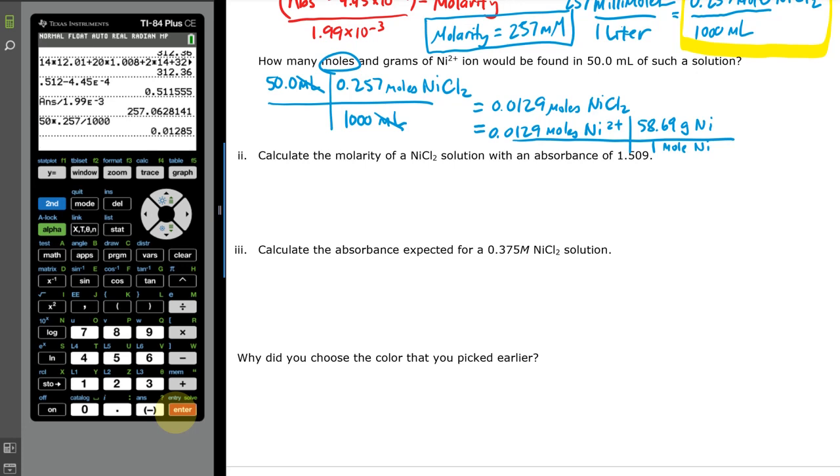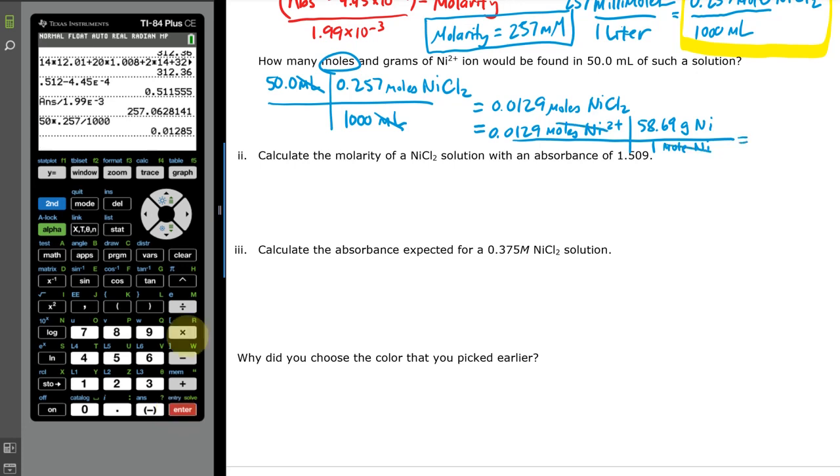That doesn't matter because 2 plus simply means, and hopefully you remember this from first year if you did it, 2 plus just means it's lost 2 electrons. And electrons are so small that their mass doesn't change the fact that it's still 58.69 grams. So we don't need to worry about that charge as far as the number from the periodic table. It still works. And I'm going to go ahead and cancel those moles out then, and that'll give me grams.